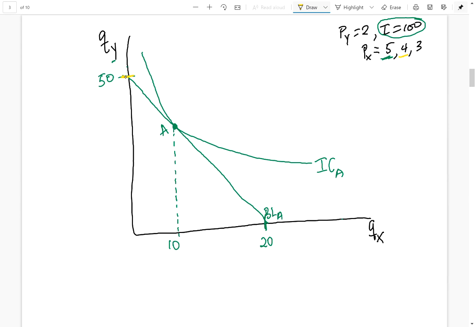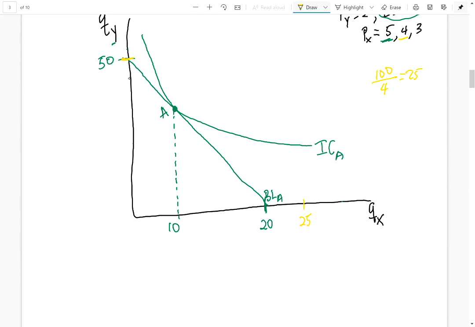But if she was spending all her money on good X, she would now be able to purchase 100 divided by 4, which in this case is 25, right? So 10 is so far from 20, but we will rescale, that's fine. So we want to connect those two points to make a line.